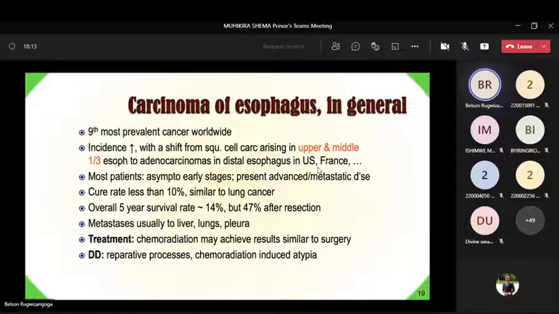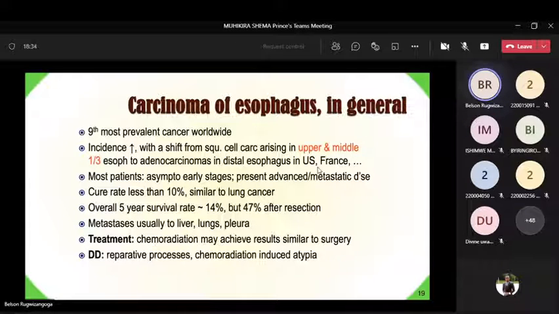So it means the carcinoma in the general esophagus, both adenocarcinoma and the squamous cell carcinoma, they are increasing in incidence. But in some countries, now the adenocarcinoma is being more diagnosed than a squamous cell carcinoma.